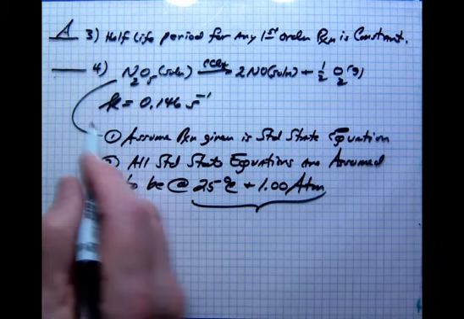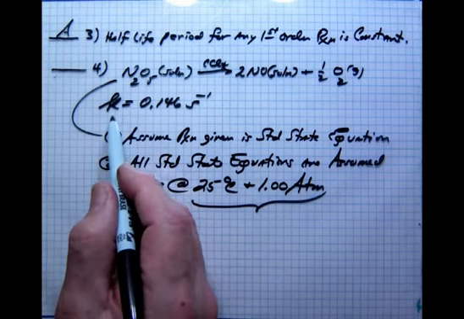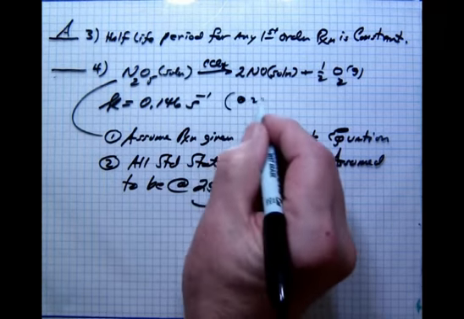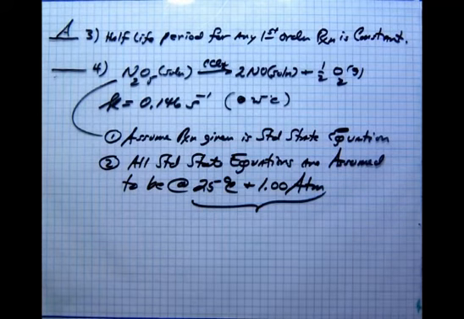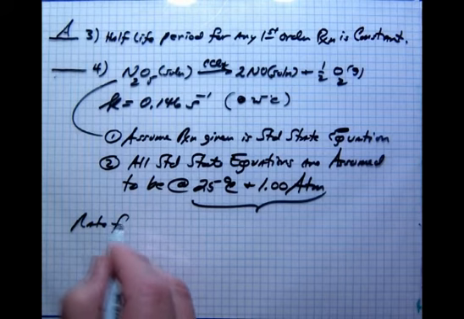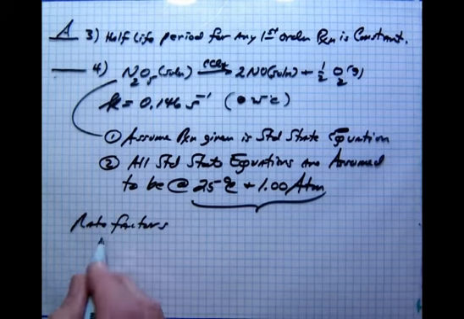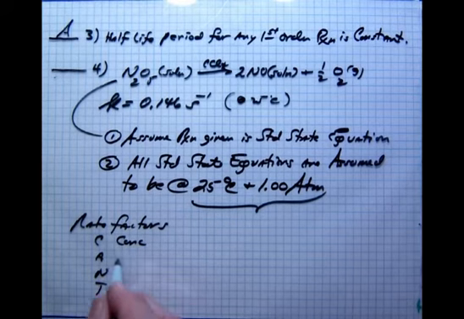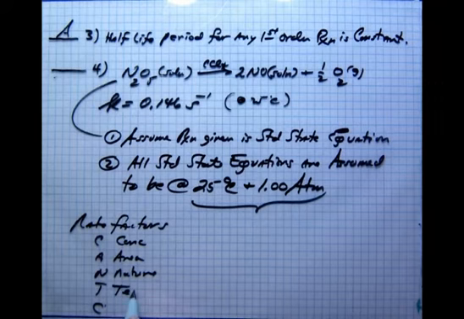We also learned in the context, so this, well, I should have said this, so this is at 25 degrees C. So if you increase the temperature of your reaction, according to the rate factors, which are C, A, N, T, C, concentration, area, nature, temperature, and catalyst.